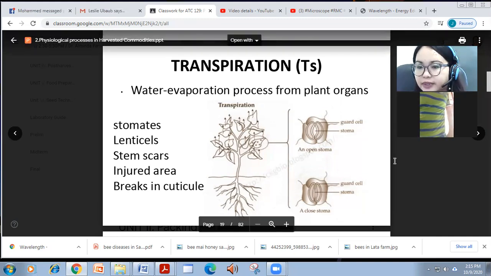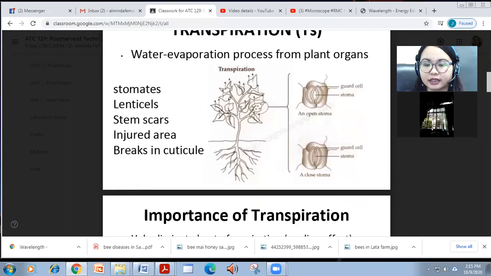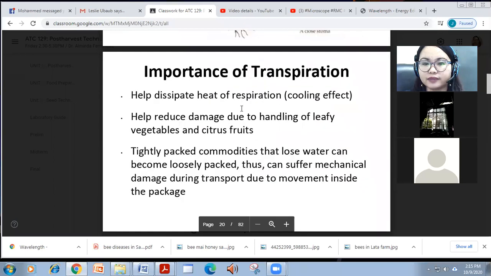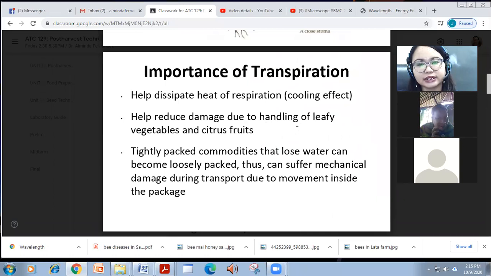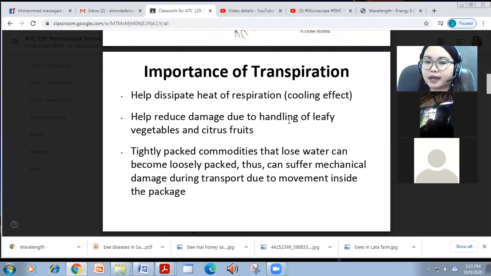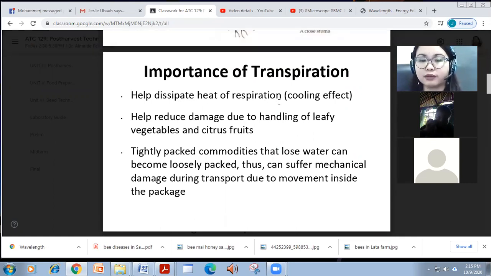So, what is transpiration again? It's a water evaporation process. Yes, and the importance of this water evaporation process in plants is just like for human beings, we transpire, or sweat, to cool us down. It is a cooling effect for plants, to help dissipate the heat of respiration.